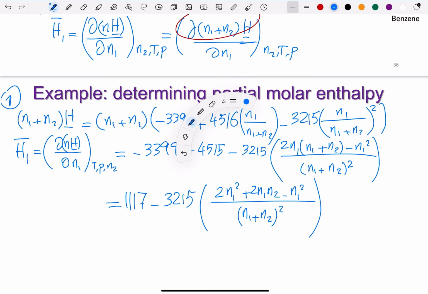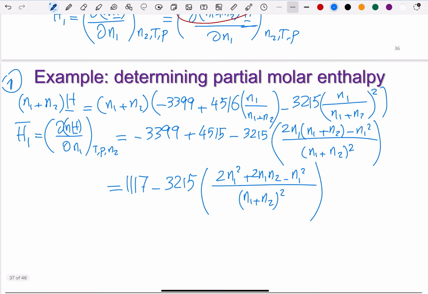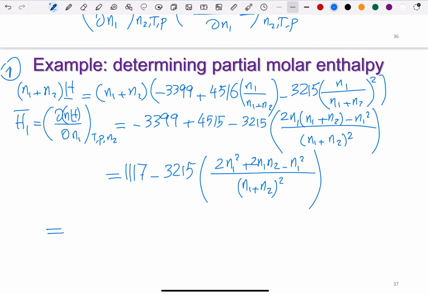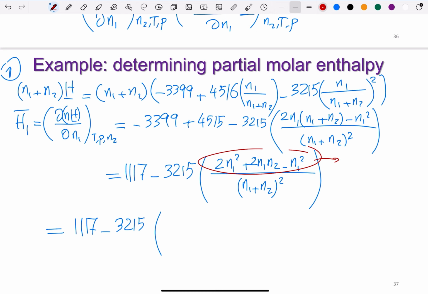Basically we need to figure out what is inside that parenthesis, right? So if I write it cleanly, this is basically n1 squared plus 2 n1 n2, because they are canceling each other.